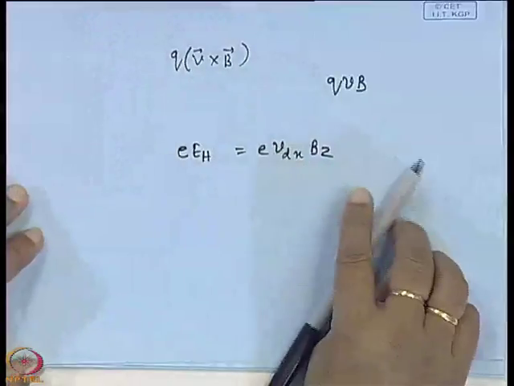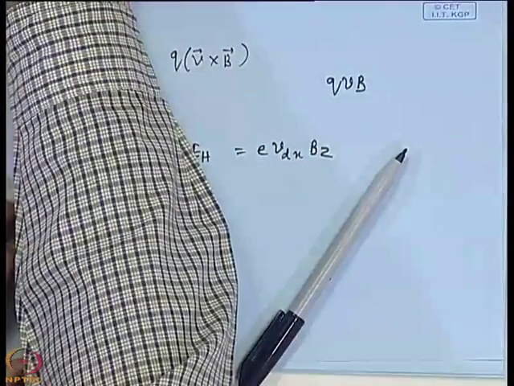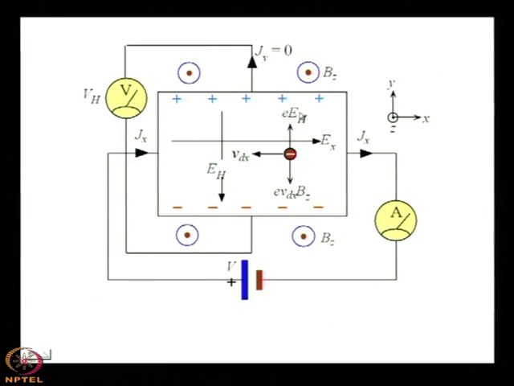Here E H is the field; when the field is multiplied by the charge, it becomes force, and here B z is the magnetic field and the Lorentz force is e V B z. Under such a circumstance, when they are equal, such polarization will stop. So, polarization will be there until the fields are perfectly balanced.